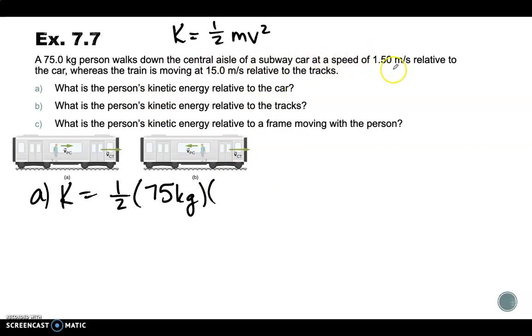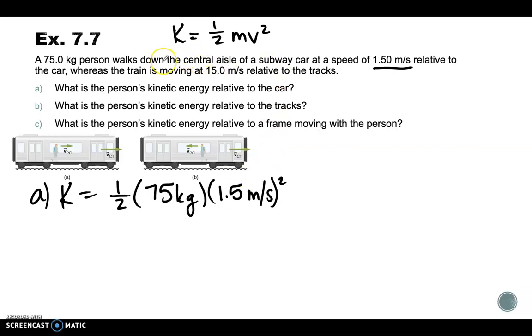So that is going to be the velocity here relative to the car, which is 1.5 meters per second.